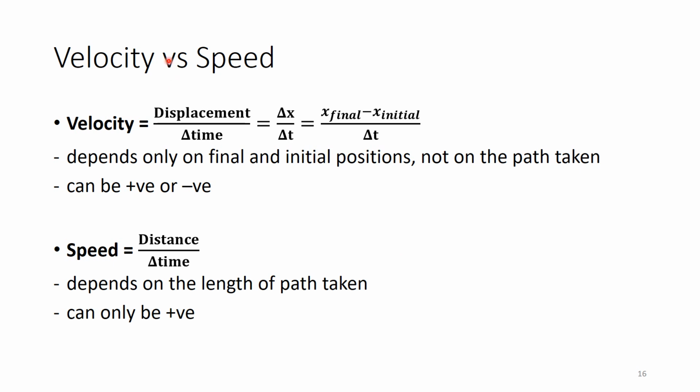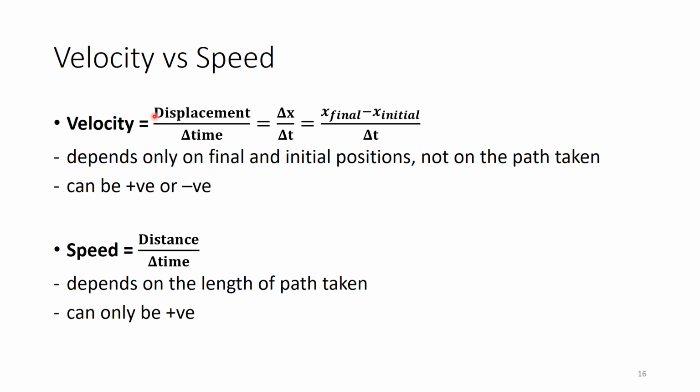And then we have velocity versus speed. So like we said earlier, velocity can be positive or negative. It has direction. And like in the previous slide, velocity only depends on the final and the initial position. Okay, it doesn't depend on the path taken. But speed depends on the length of the path taken. So you can look at the two equations here.